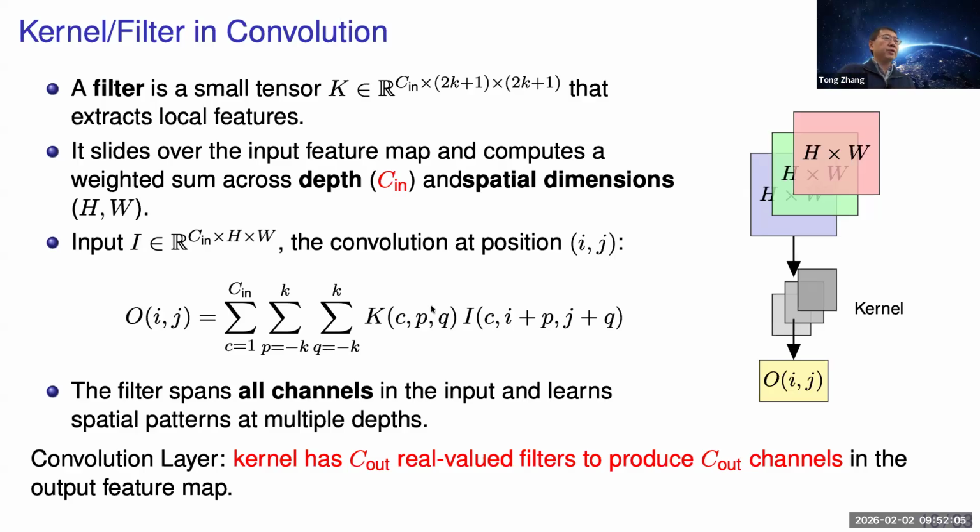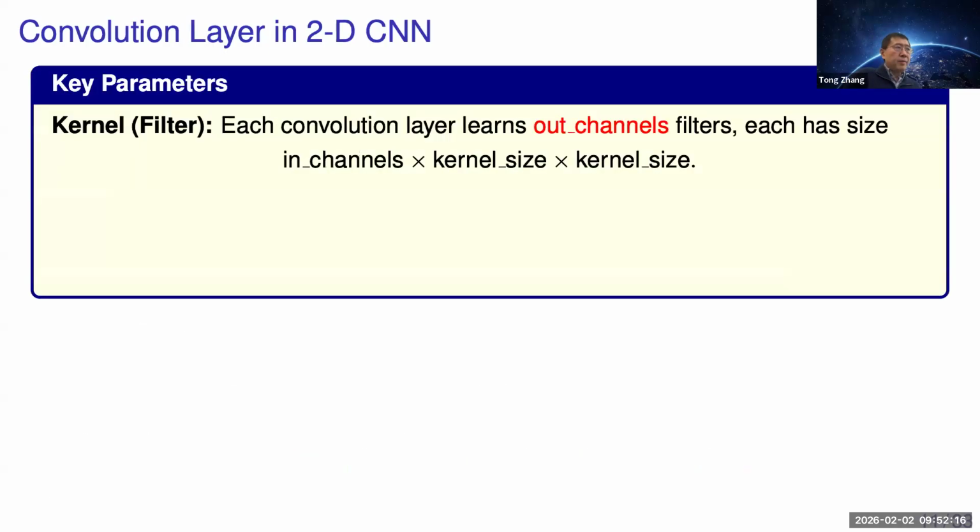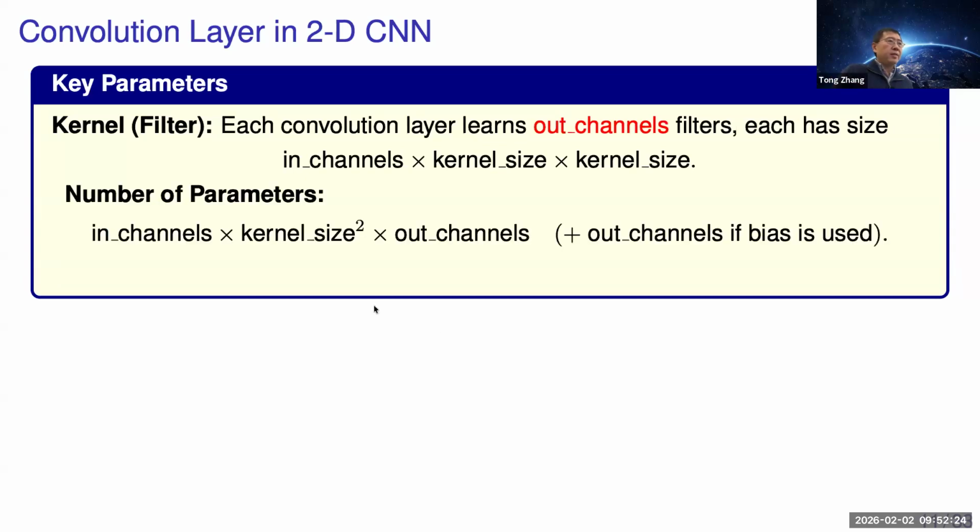And the size of your parameters is 9 times C in times C out, instead of depending on your image size as it would if you did not use a convolution. So this is the 2D CNN. Basically, each filter has this size, and the total is in channel, out channel, and possibly the bias as the number of parameters.